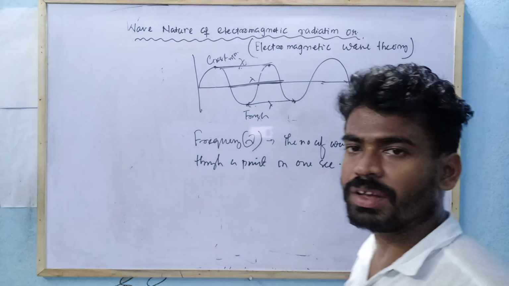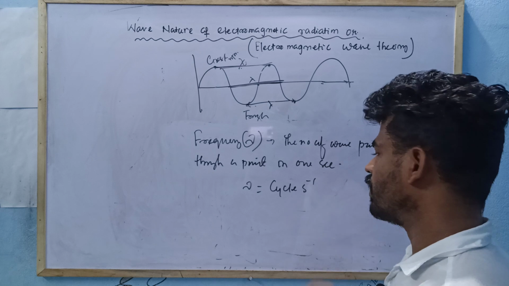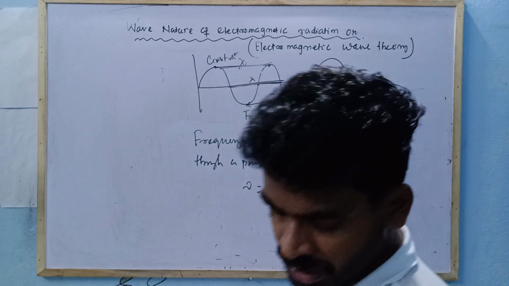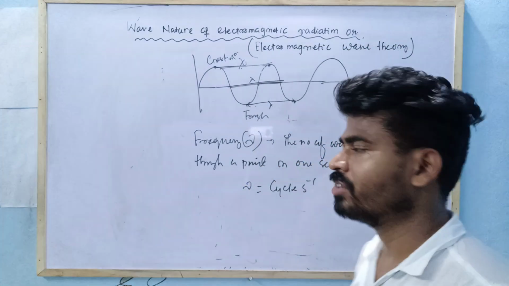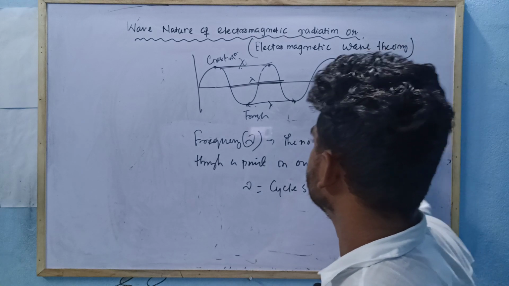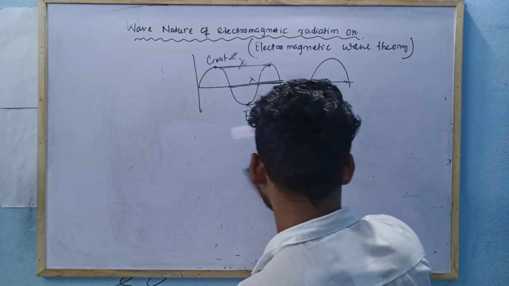That is called frequency. So the frequency unit is cycle per second, or simply second inverse. Frequency is the reciprocal of time period. Clear? Next, wave characteristic, wave parameter, that is your frequency.